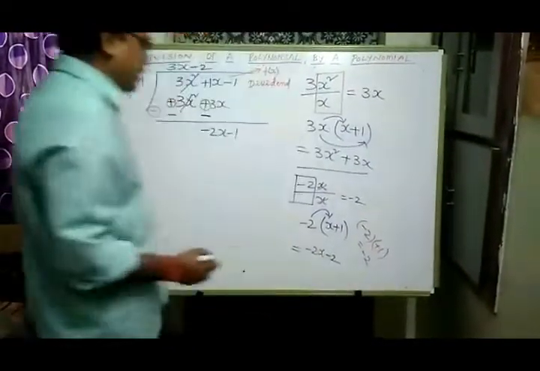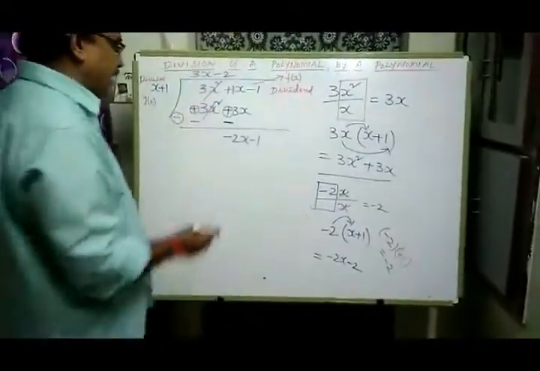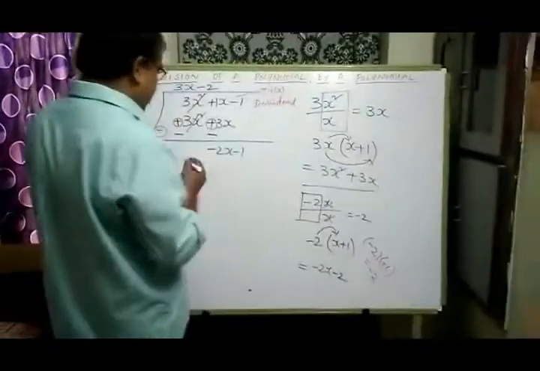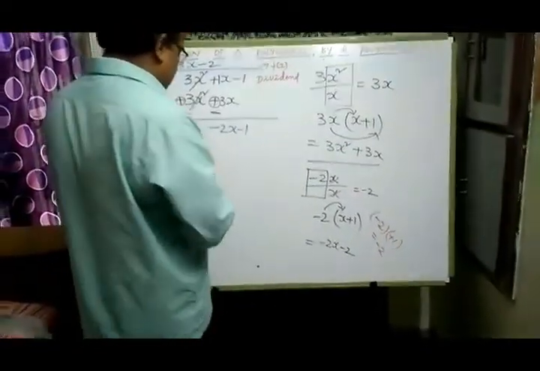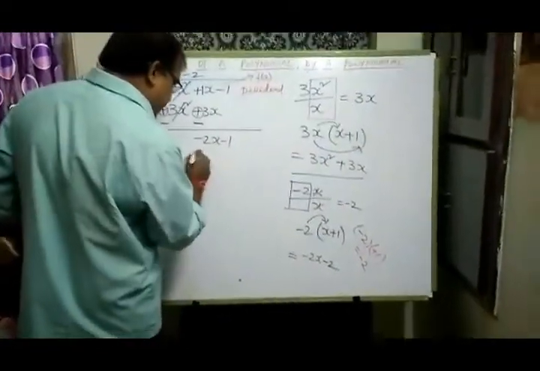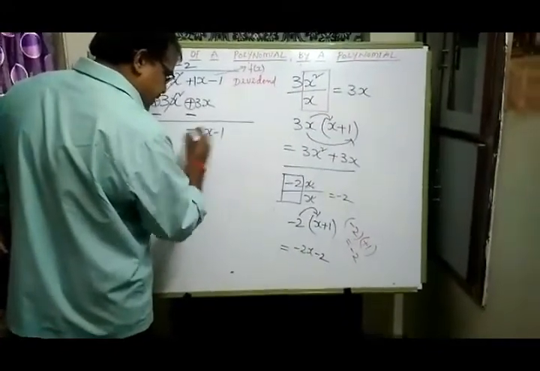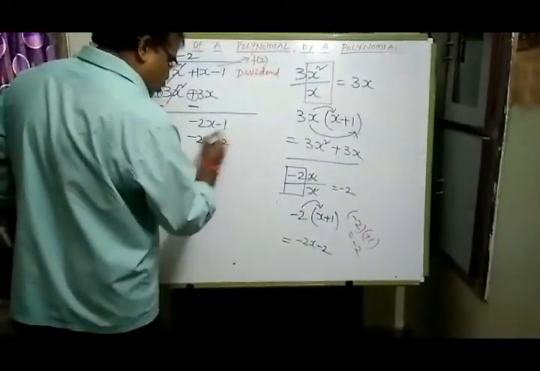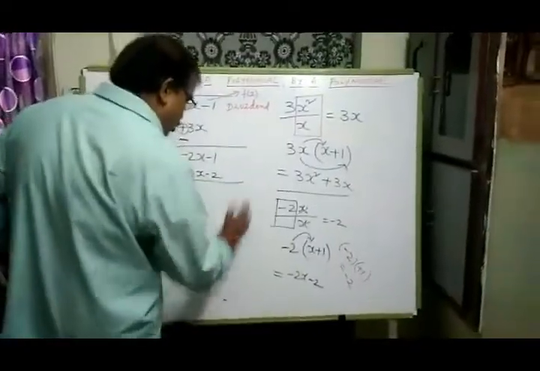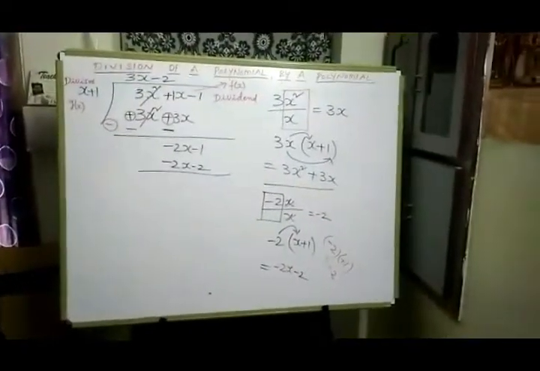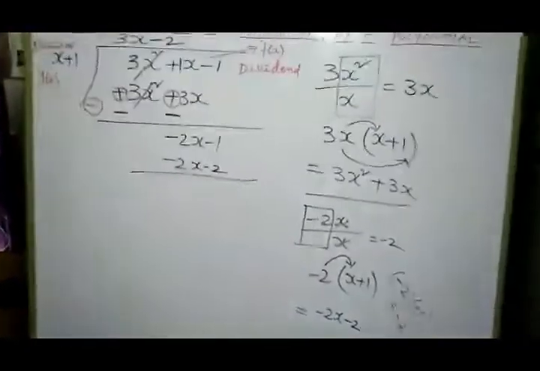Minus 2. This is put under the 2x minus 1, so 2x minus 2.